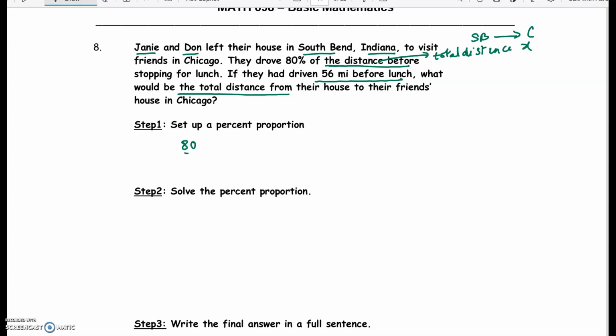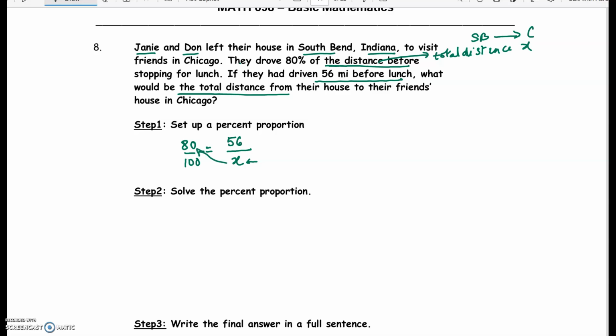So 80 over 100 is equal to 56 miles that have been driven already over a total of this unknown quantity x. So the minute you see a percent of the whole, the percent of the base, the whole always sits in the denominator. It's also called the reference value once again.